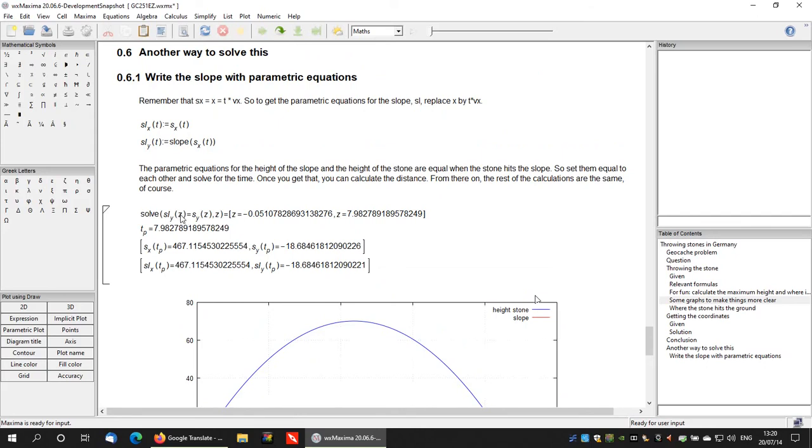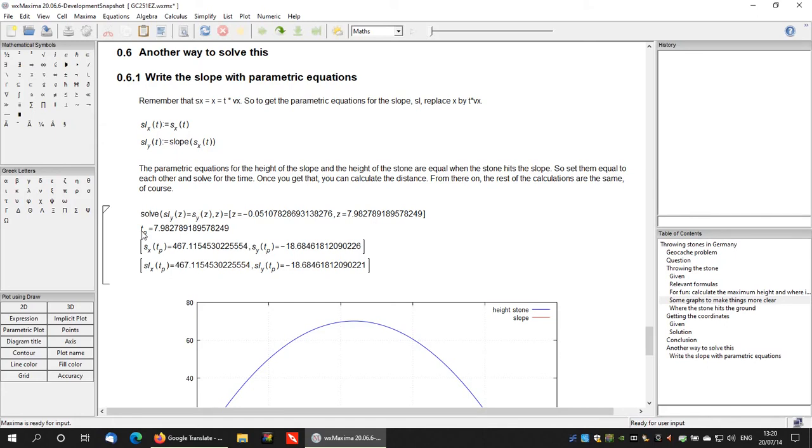I used z because I used t already. Must be equal to the height of the parabola at the same time, and then we solve for this time, which gives us two solutions, minus 0.05, which is nonsense obviously, and 7.98, well, almost 8, the same number we got previously.